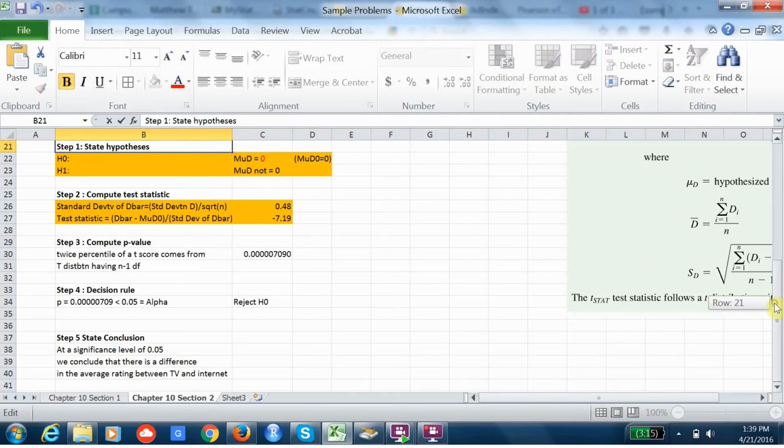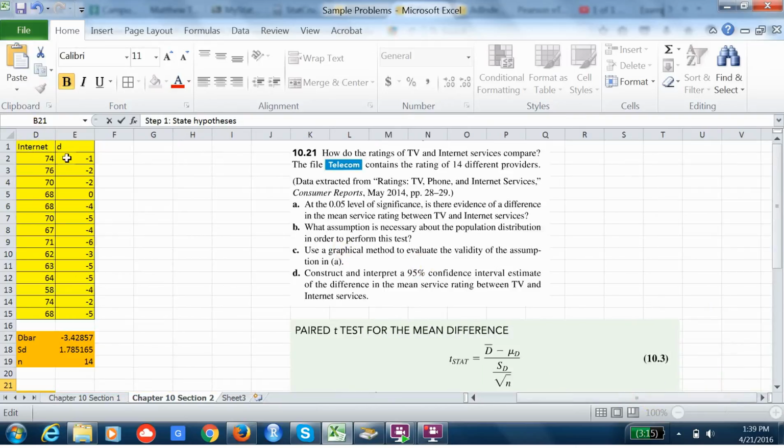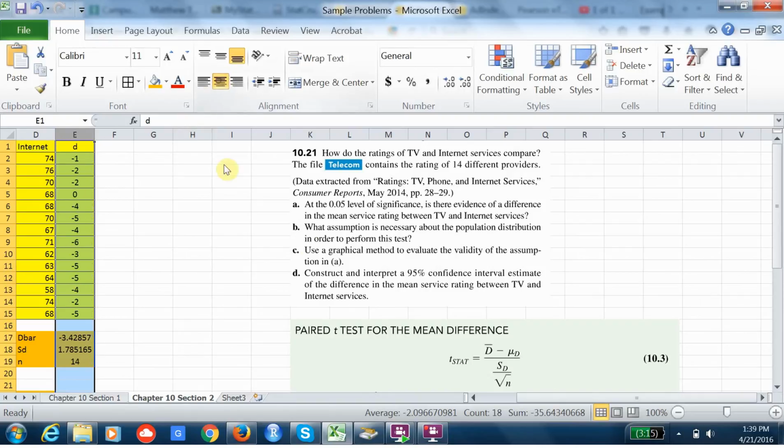For part B, they're just asking you basically to plot the differences. So we know that the differences have to be normally distributed in order to use this t-test. So you can make a histogram, show that they look normally distributed. It's a little hard with 14 data values though. Well, actually that's C, sorry.